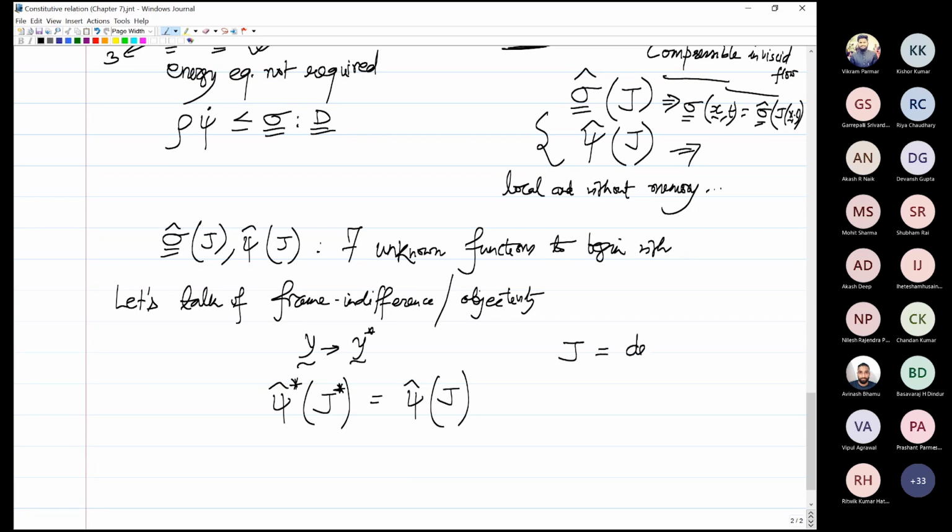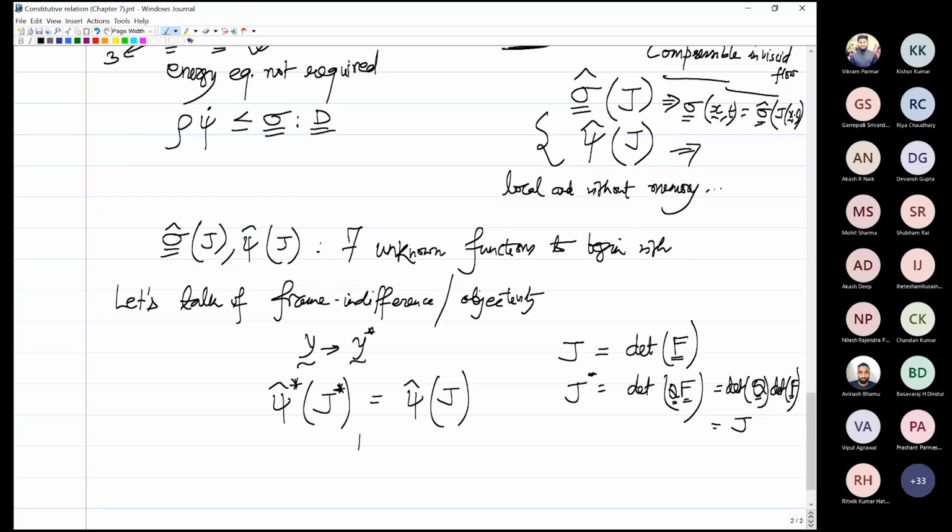J is the determinant of F. So J star is the determinant of QF, which is the same as determinant of Q times determinant of F. But Q being a rotation tensor, the determinant of Q is equal to 1, so it is the same as J. So J star is the same as J.